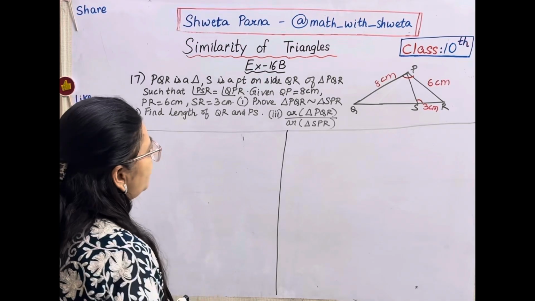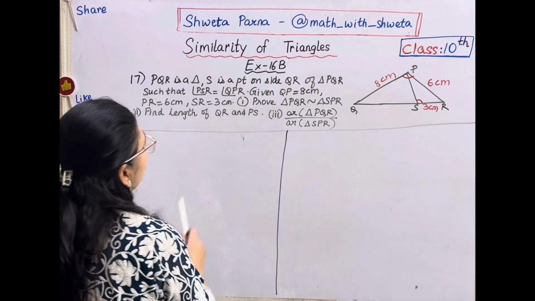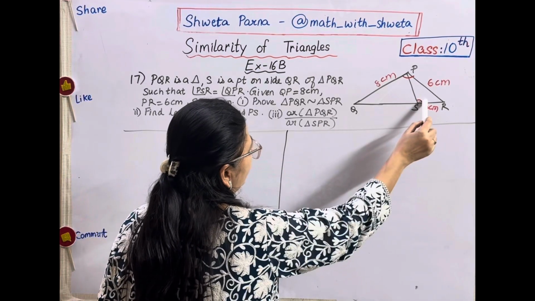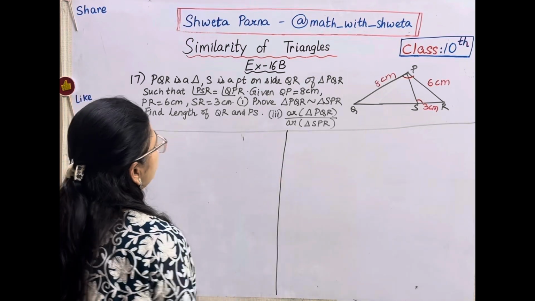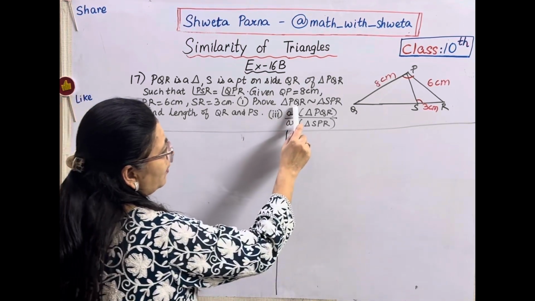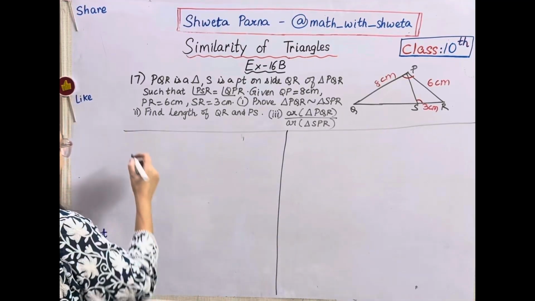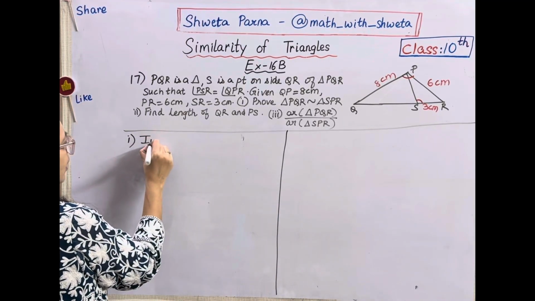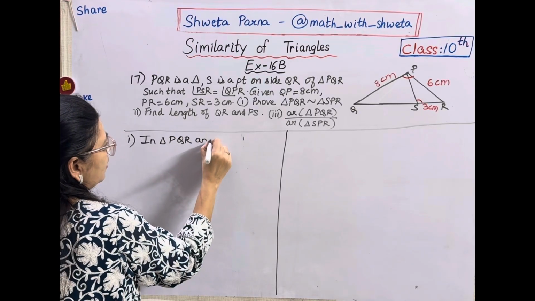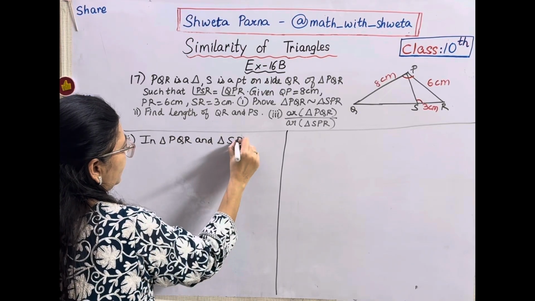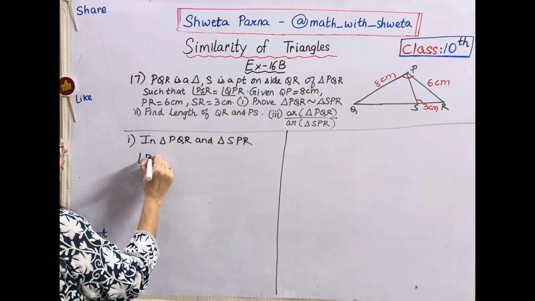Question number 17. PQR is a triangle. S is a point on side QR of triangle PQR such that angle PSR is equal to angle QPR. I have already written the sides. You have to prove that triangle PQR is similar to triangle SPR. So let's do that. In triangle PQR and triangle SPR, what information is given to you?